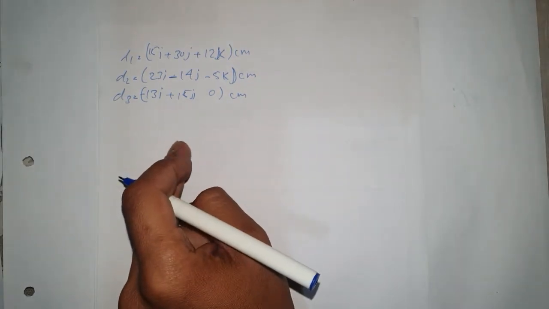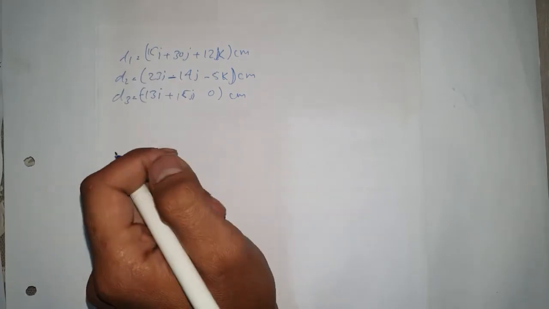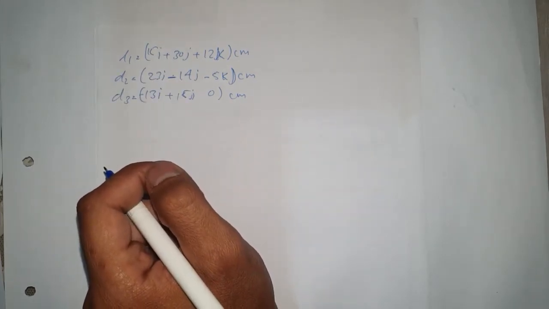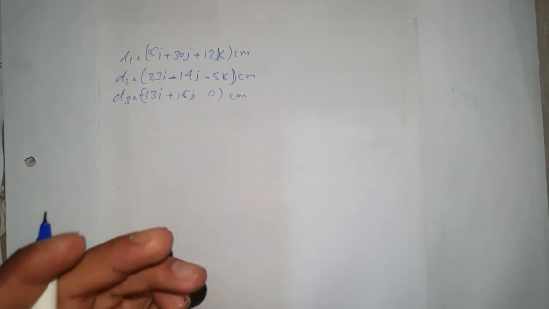Suppose this is a particle with three consecutive displacements, and we have to find the components of the resultant displacement and its magnitude.